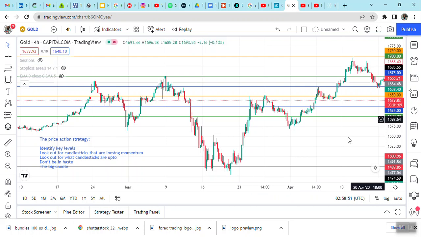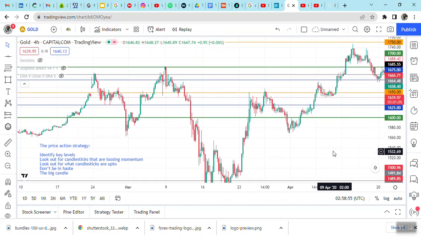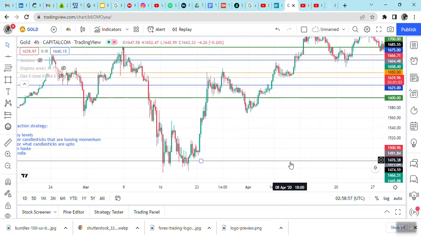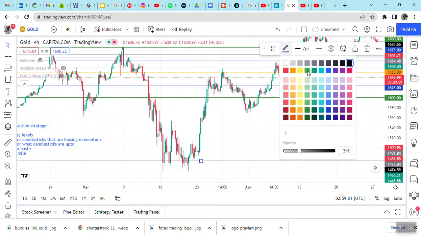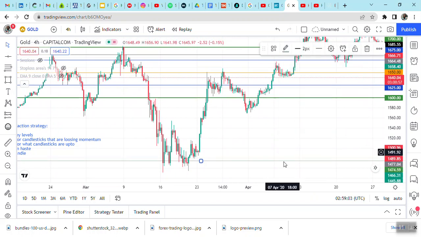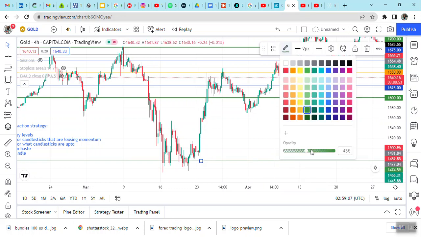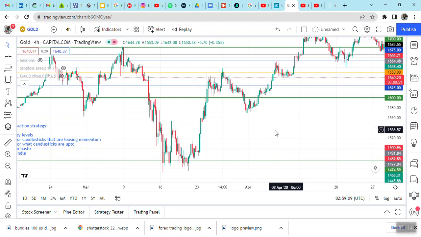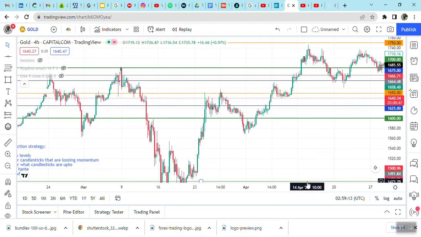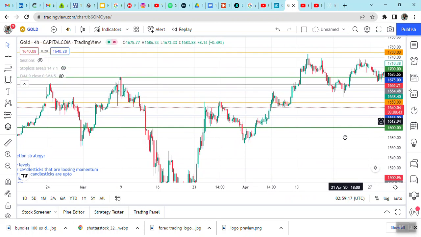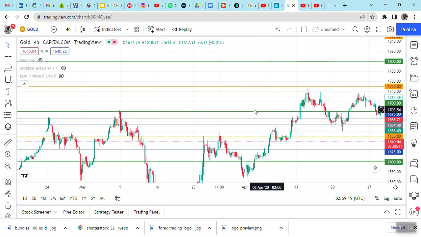So for example, on this chart I already marked out some key levels, like this particular level. For this level, for example, is a key level. I already marked it out, just to give you a brief example of what I mean. You can see this green horizontal line is a major key level.